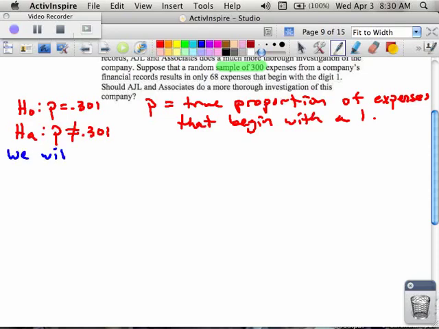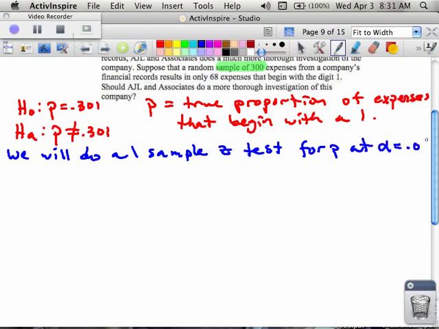We will do a 1 sample z-test for P at alpha equals 0.05 because, again, they don't tell us the significance level.